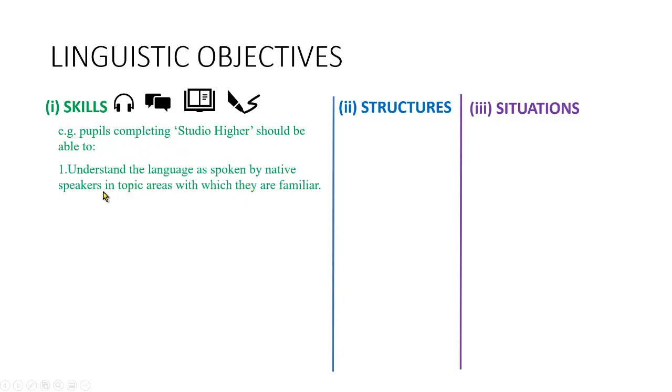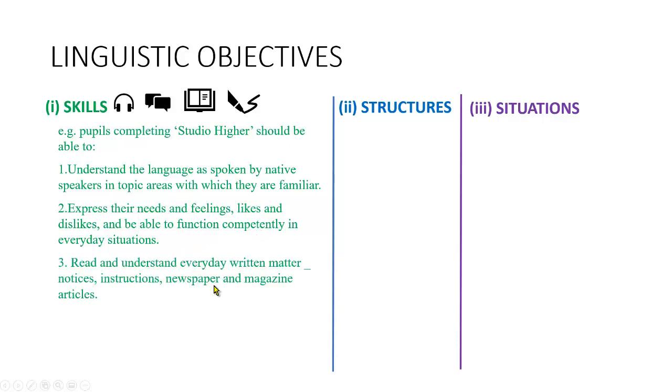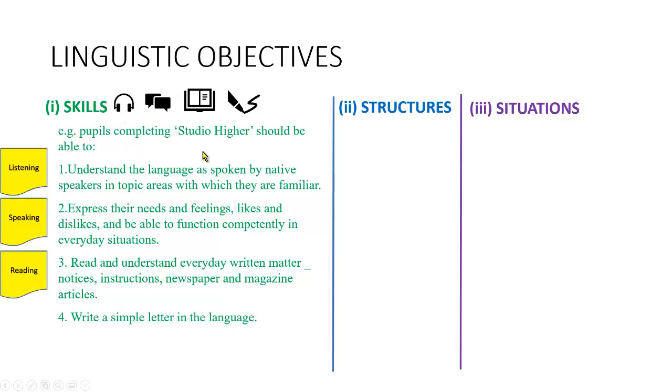Once they've completed it, they should understand the language as spoken by native speakers, express their needs and feelings, their likes and dislikes, be able to function competently in everyday situations, read and understand everyday written matter, and write a simple letter in the language. So the skills are listening, speaking, reading, and writing.